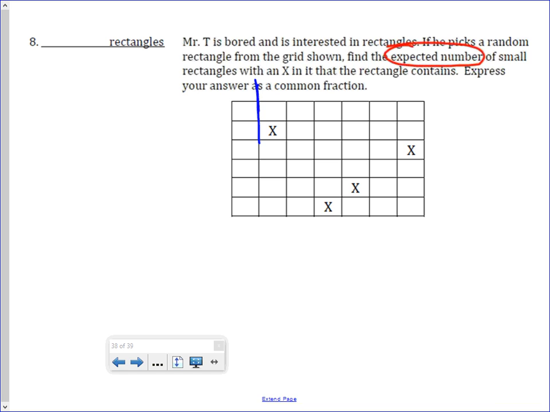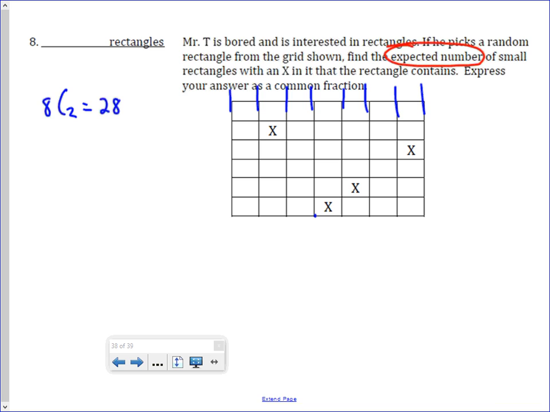The number of rectangles in a grid like this can be found by picking 2 horizontal lines and 2 vertical lines. Any 2 horizontal combined with any 2 vertical create a unique rectangle in this grid. And if we know our combination theory well, then we know that we can pick from 1, 2, 3, 4, 5, 6, 7, 8 vertical lines, which is 8 choose 2, and that gets us 28 ways that we can pick 2 vertical lines.